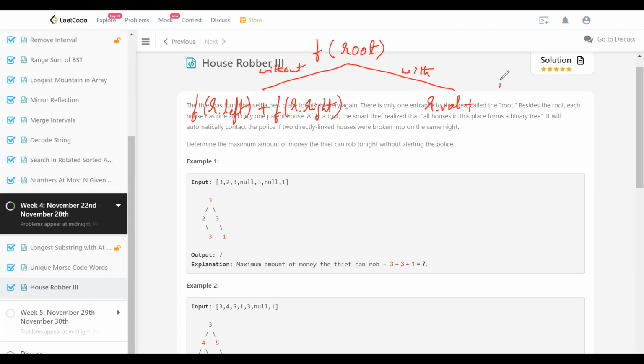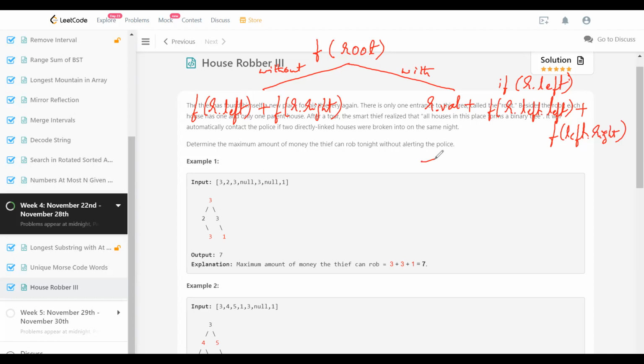So if left exists, right? If the left child exists, then he's going to solve the problem of root.left.left and root.left.right.